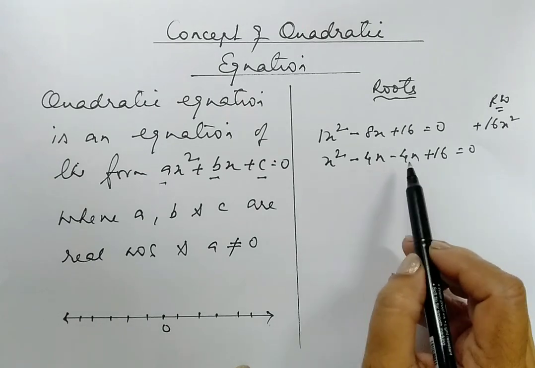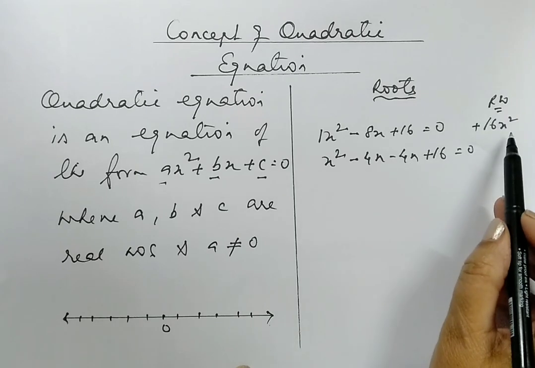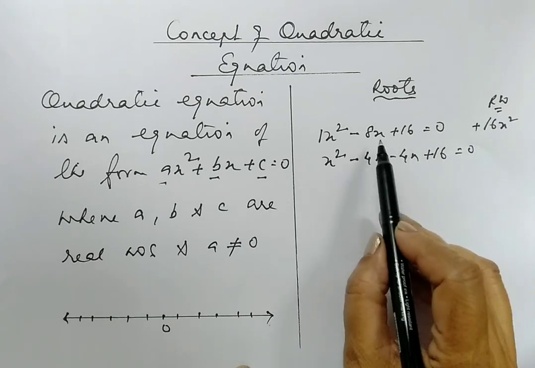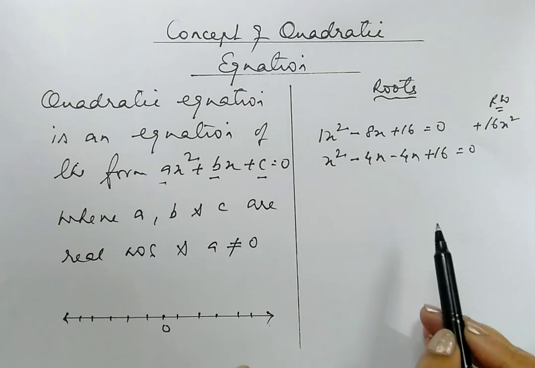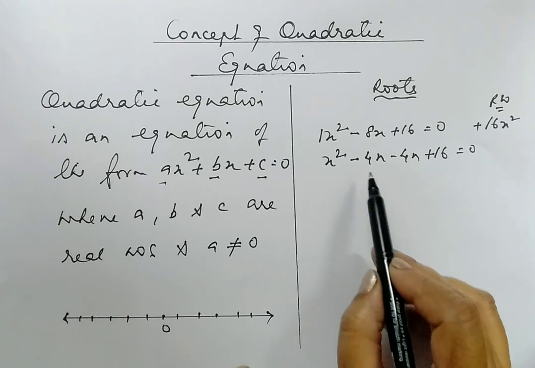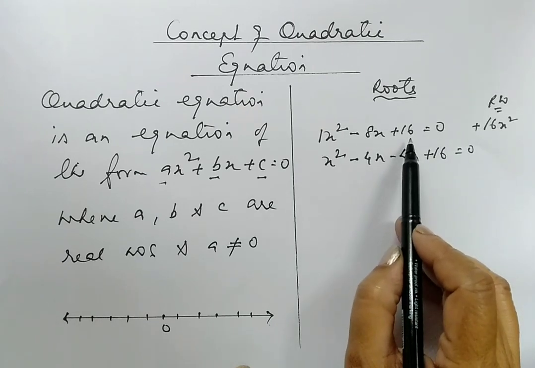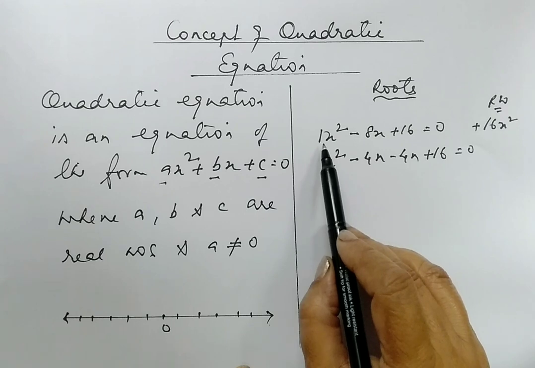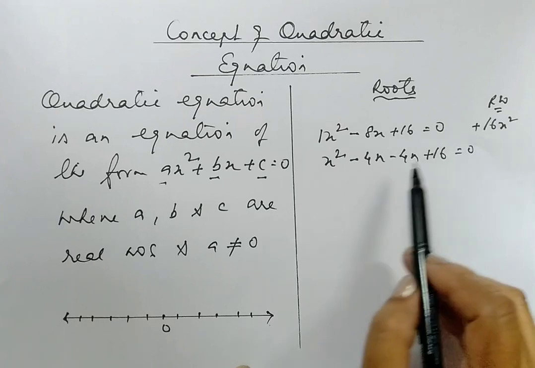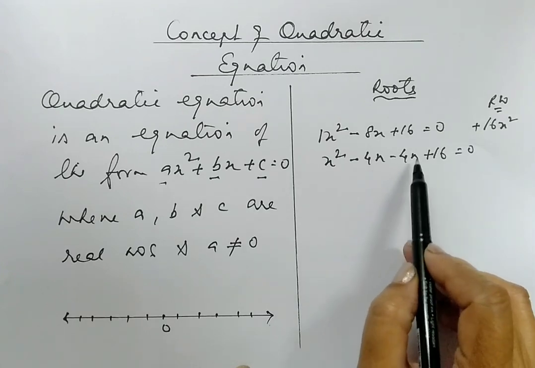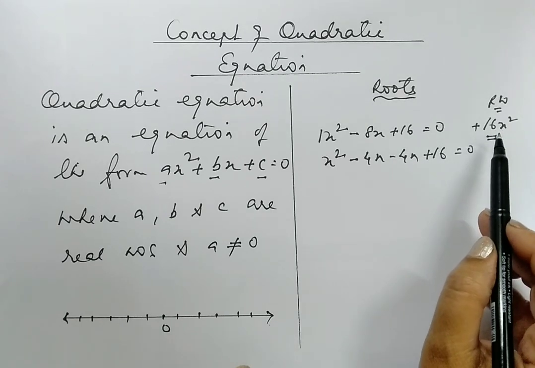Now what are those two numbers which when multiplied will give me 16x square, as well as when added up will give me minus 8x. So minus 4x and minus 4x will give me minus 8x, and their product is plus 16x square.